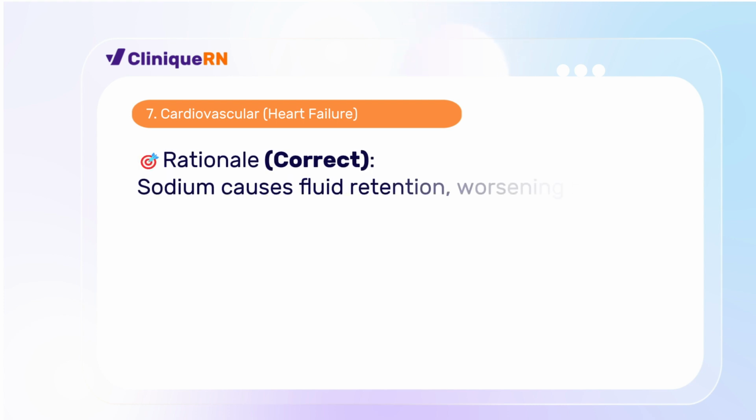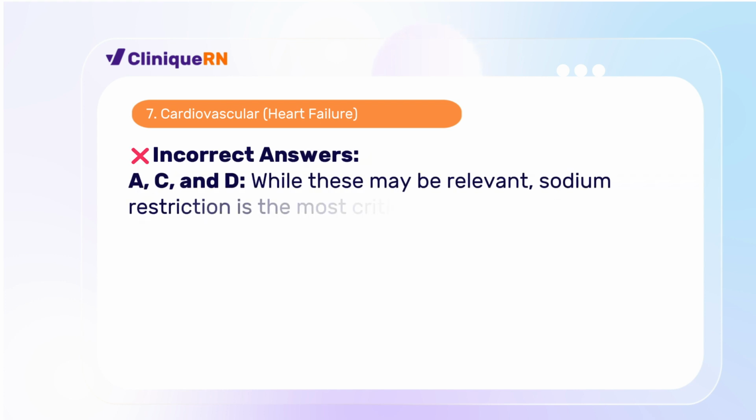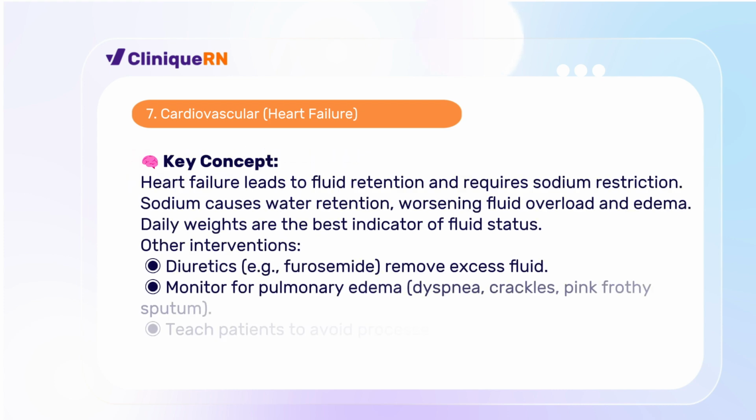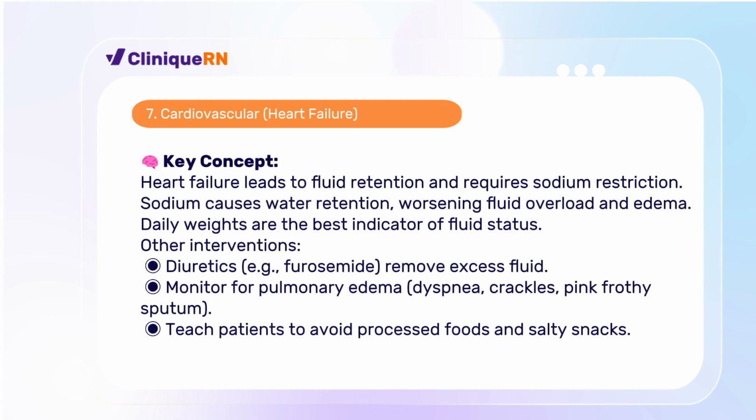Rationale. Correct. Sodium causes fluid retention, worsening heart failure. Incorrect: A, C, and D. While these may be relevant, sodium restriction is the most critical intervention. Key concept: heart failure leads to fluid retention and requires sodium restriction. Sodium causes water retention, worsening fluid overload and edema.